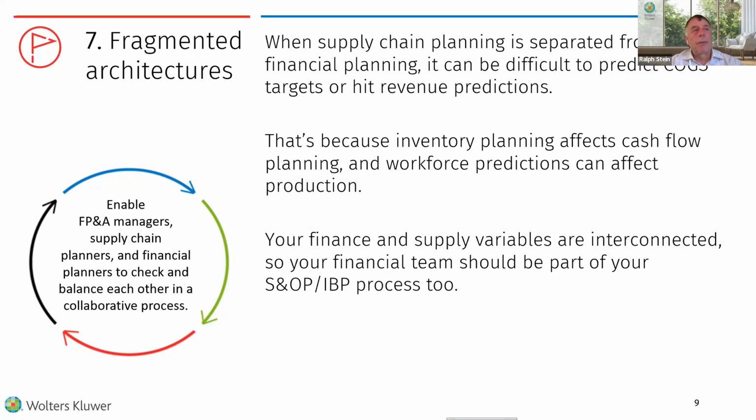And this is where the financial people are going out and telling senior management, okay, this is the revenue we're going to get, this is the cost of goods we're going to have, this is the profit we're going to make, and this is how we're going to achieve it, right? And I haven't even talked to the supply chain people or the inventory people, right?